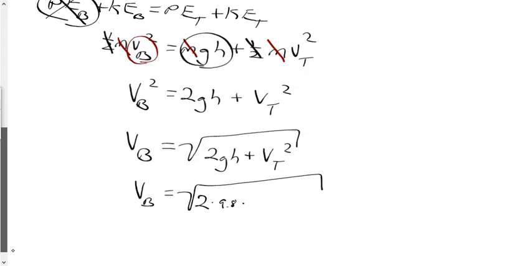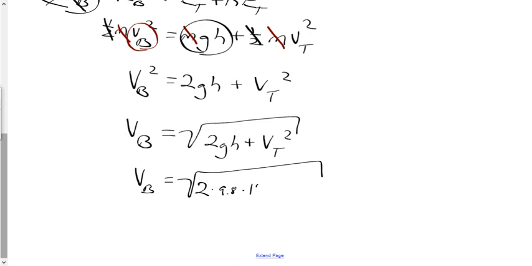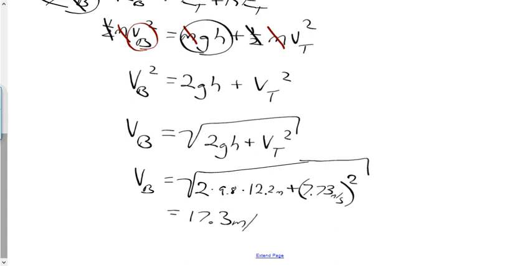That's the vertical height change. So 12.2 meters plus the velocity at the top, which is 7.73 meters per second, and we are squaring that. And that gives us a number. All right, so that gives us an answer of about 17.3 meters per second. So that's the speed at the bottom.